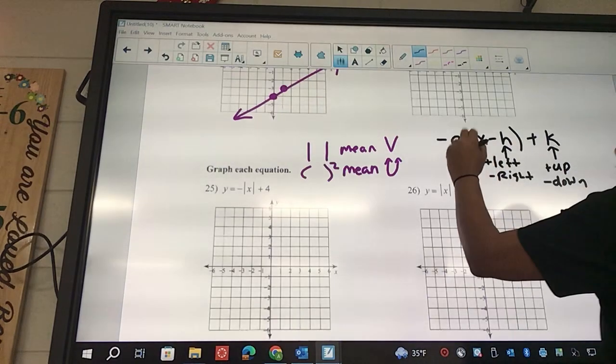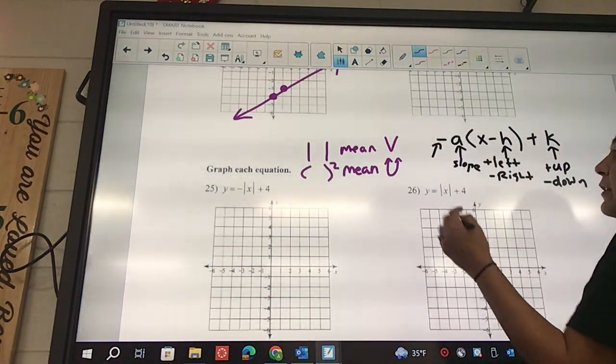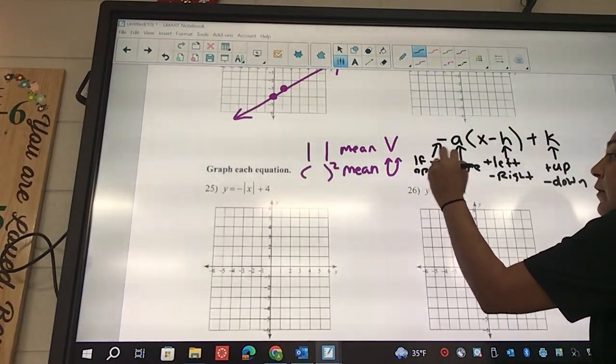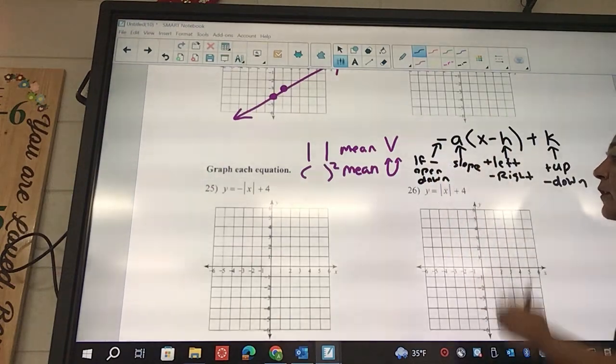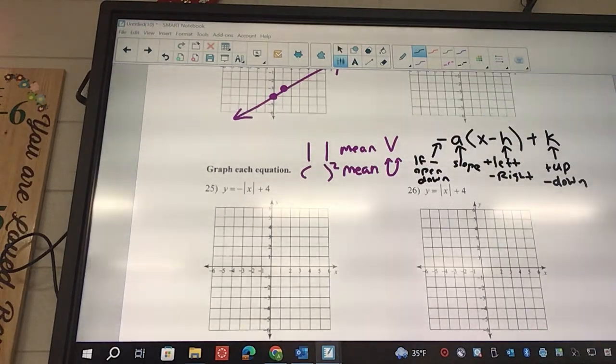Okay, the a is our slope. And if there's a minus, a minus means opens down. And if you know you write slow, then take a picture.